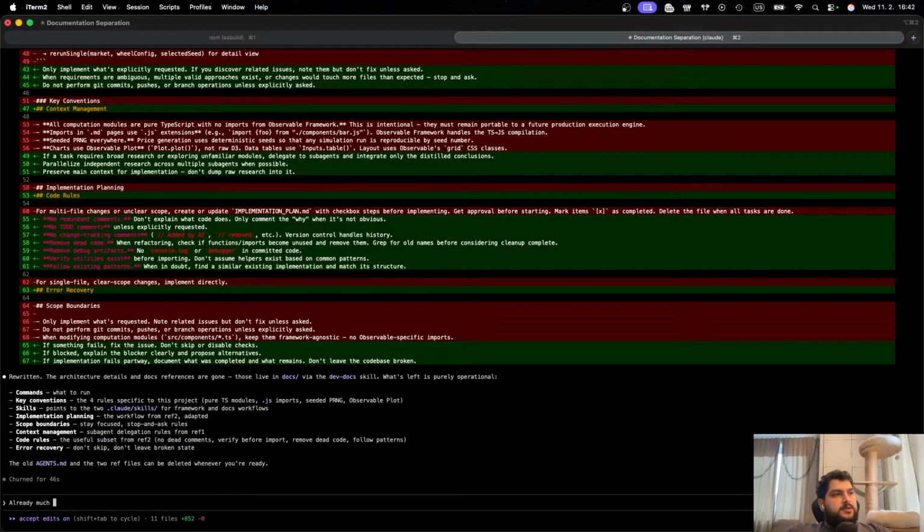Already much better, but still some stuff belongs to skills, observable, and the docs.